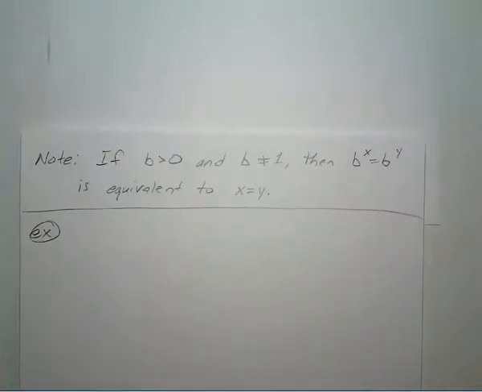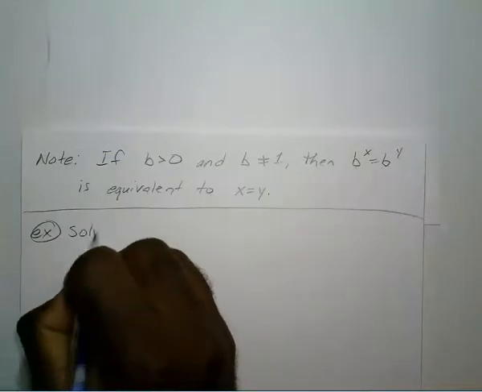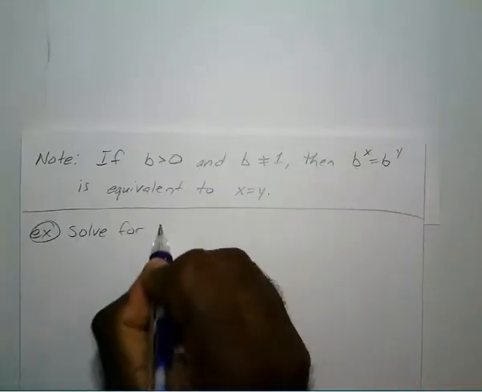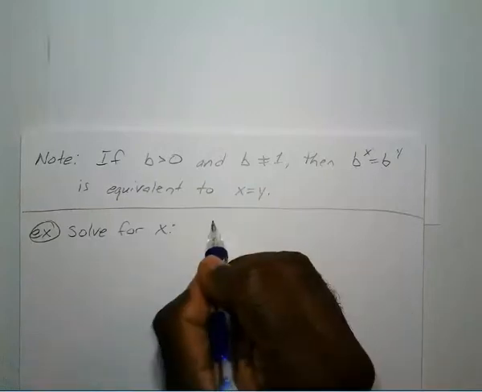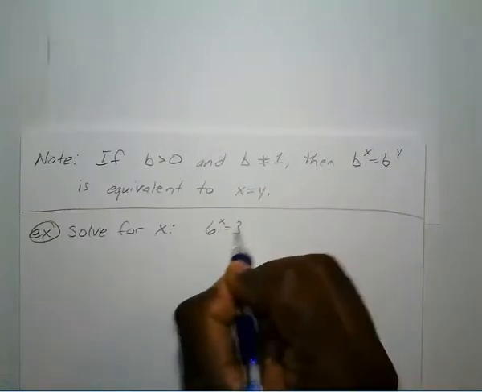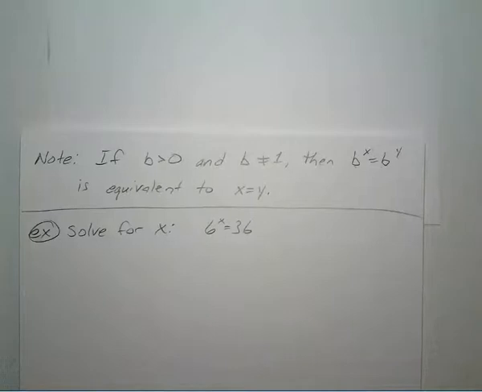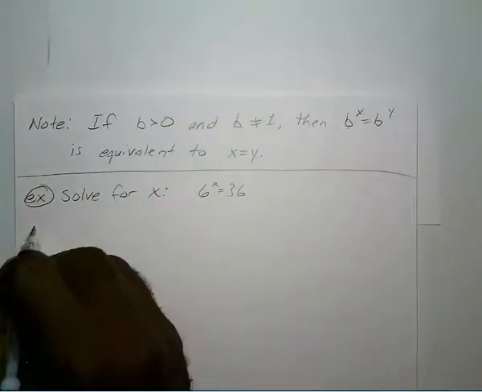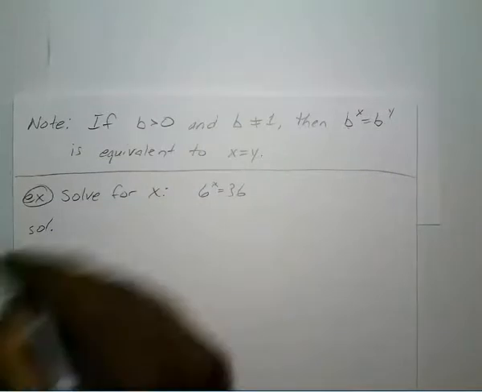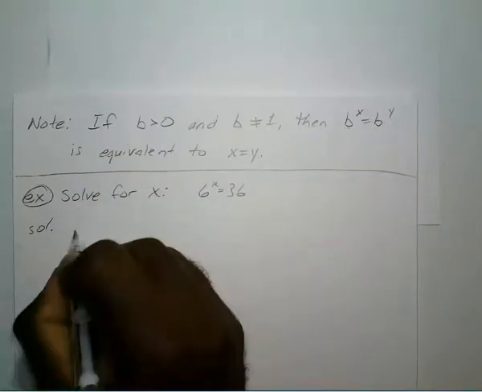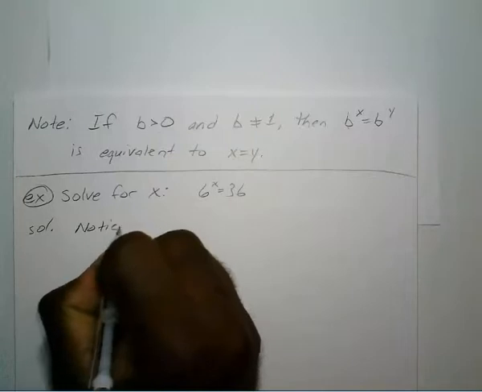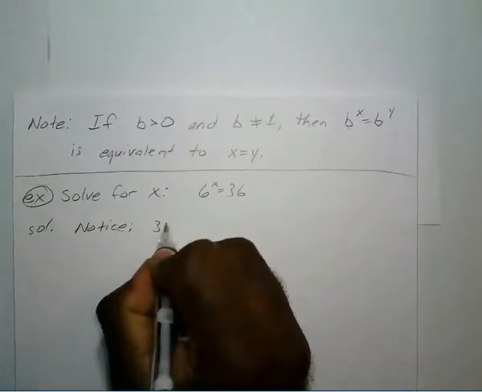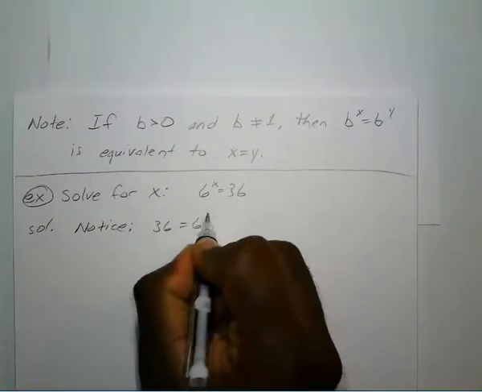Okay, so I'll show you what I mean by that. Let's say, for example, we are solving for x: 6 to the power of x equals 36. I'm sure a few of you can do this in your head, but we're going more over the process than anything. The one thing you want to do is notice that 36 is equal to 6 squared.